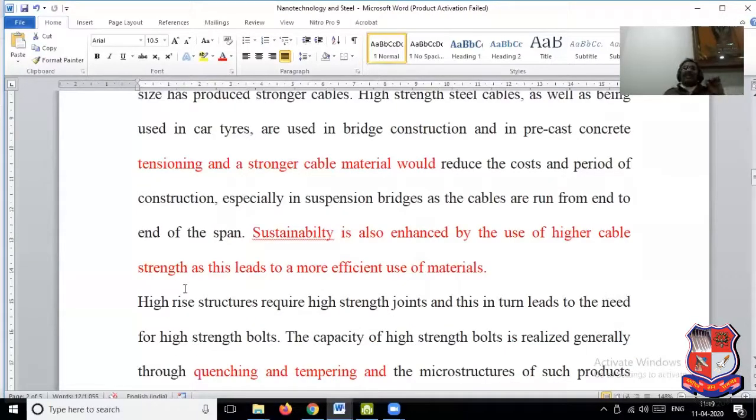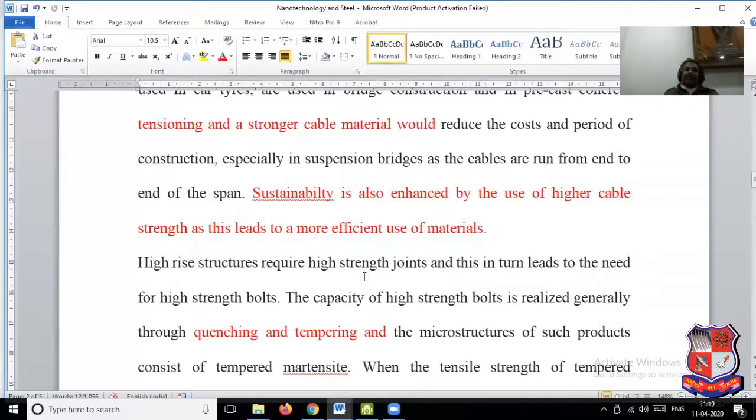It is highly strong, very similar to our carbon nanotubes, and their lifespan must be very large. You can increase the lifespan by modifying the grain boundary. I have mentioned how to do that. Sustainability is also enhanced by use of a higher cable strength, as this leads to more efficient use of material.